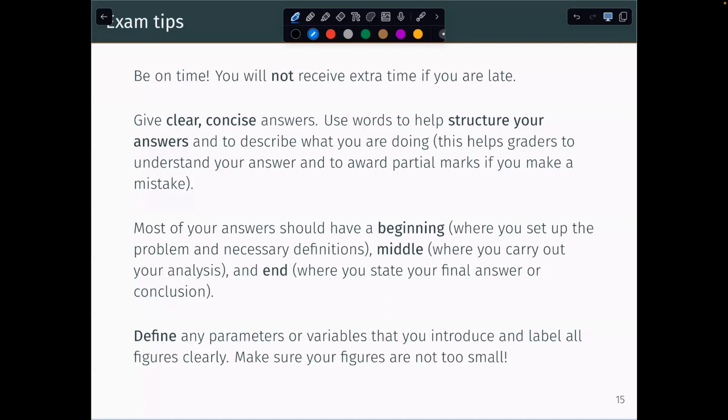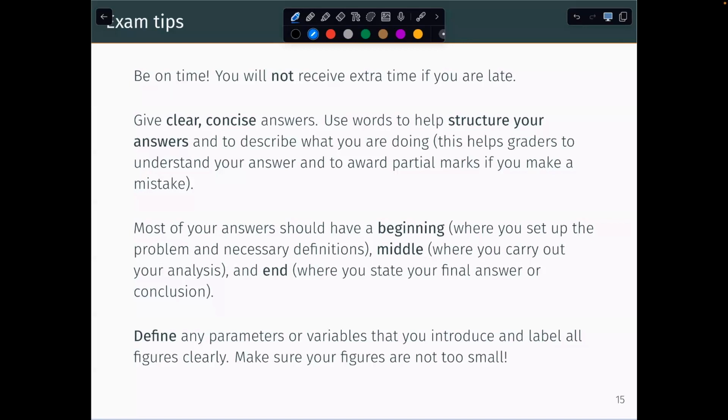Okay, so generally we want to try and award you marks. We don't want to just deduct them if we can help it. The more structured your answers are, the easier it is to give you marks. Even if you make a mistake right at the beginning, if the process you've taken is clear, you can end up getting a lot of the marks, even if you get the wrong answer. Okay. So this is all about showing your working.